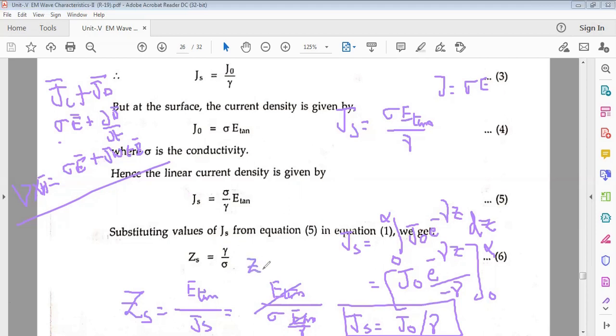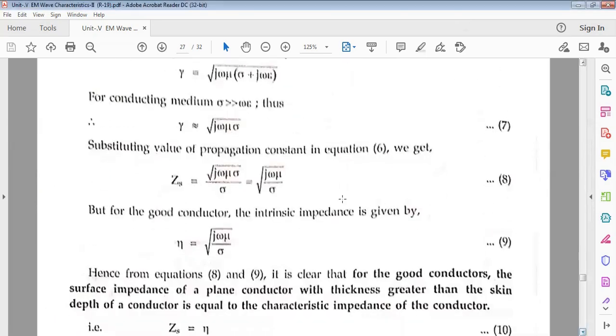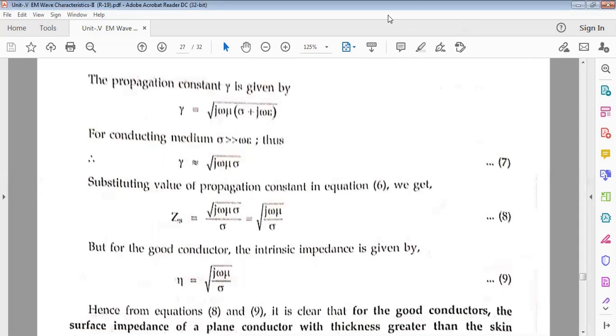Then Zs is equal to gamma by sigma, where gamma is the propagation constant and sigma is the conductivity. Zs is the surface impedance. Okay, my dear students, now the surface impedance Zs is equal to gamma by sigma, where gamma is, we know, the propagation constant in terms of the variables, j omega mu into sigma plus j omega epsilon.